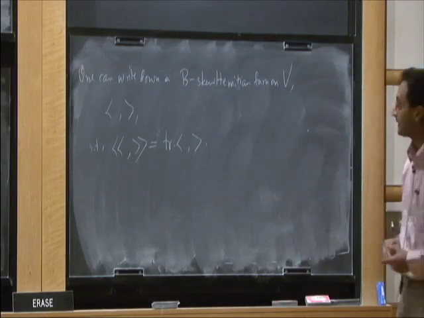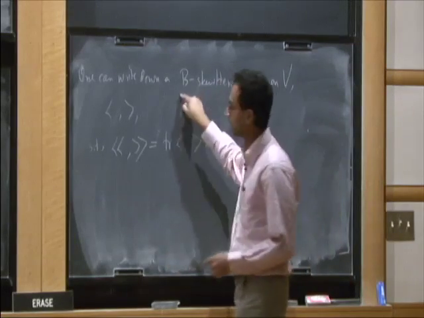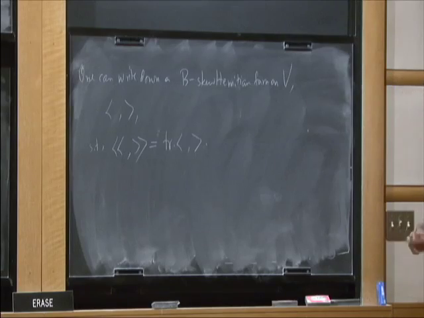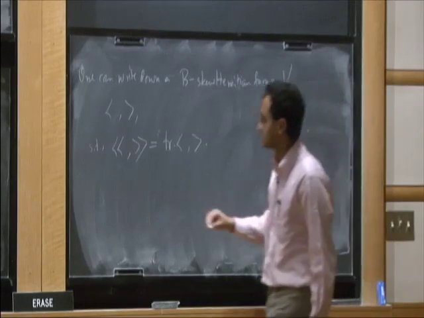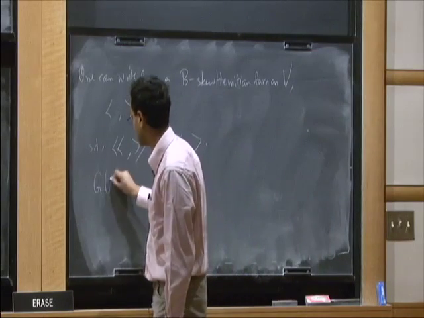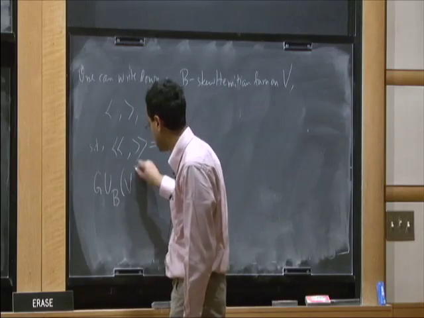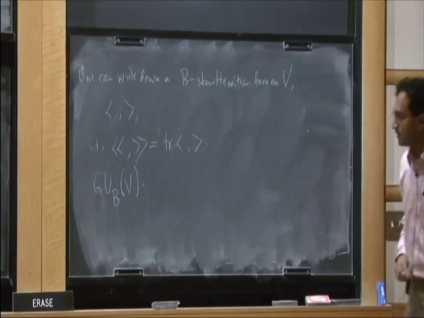So what I have now is a two-dimensional B vector space with a skew Hermitian form. Let's look at the unitary similitude group of this.